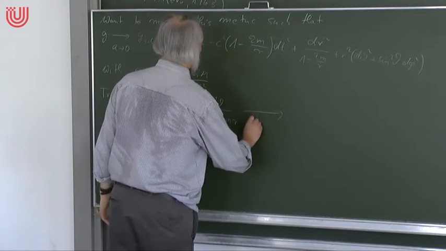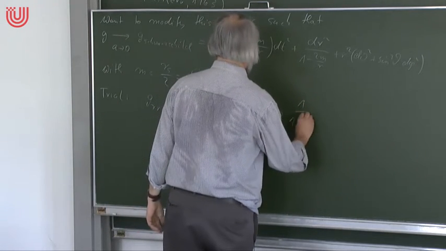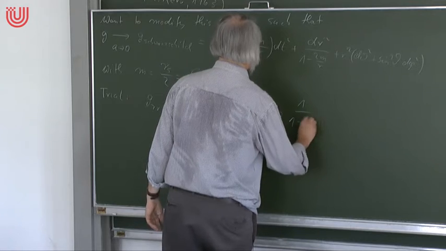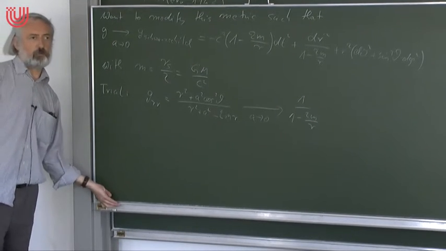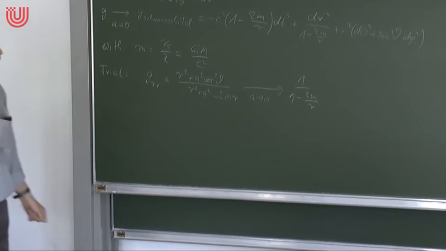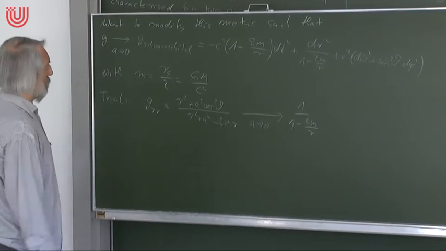This, in fact, goes for a to 0 towards 1 minus 2m over r. Of course, you can do it in many different ways, but that's the simplest way. Let's try this. If it works, then we are happy. If it would not work, then we would have to try a more complicated ansatz.